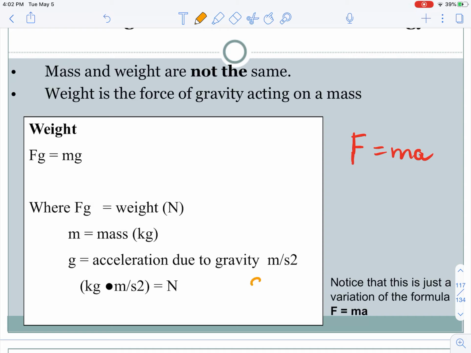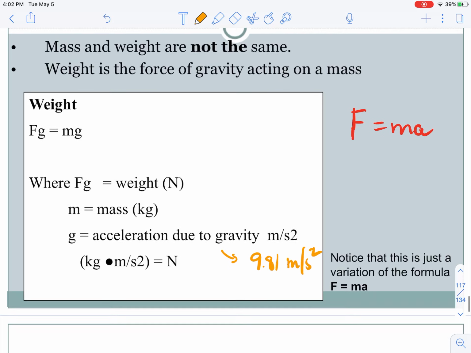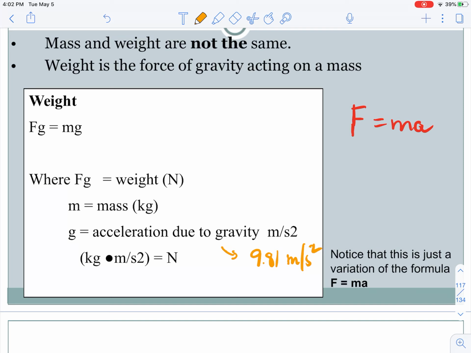So we're going to look at weight in newtons in our formula, and mass in kilograms, and acceleration due to gravity, which is a given of 9.81 meters per second squared. And that will be the value that is on your data sheet that you will be using for acceleration due to gravity.